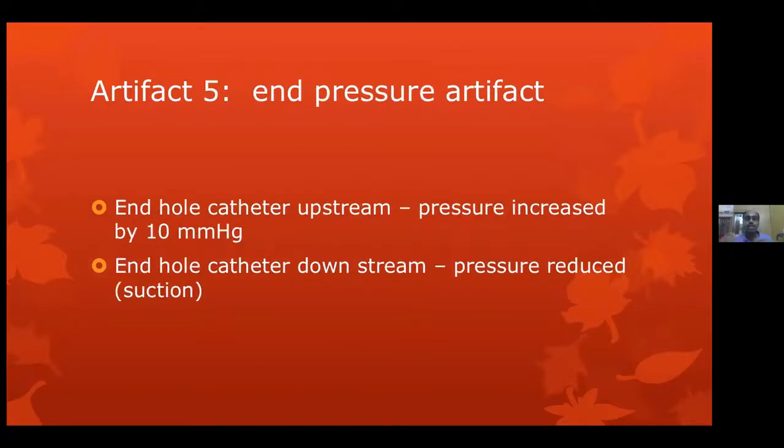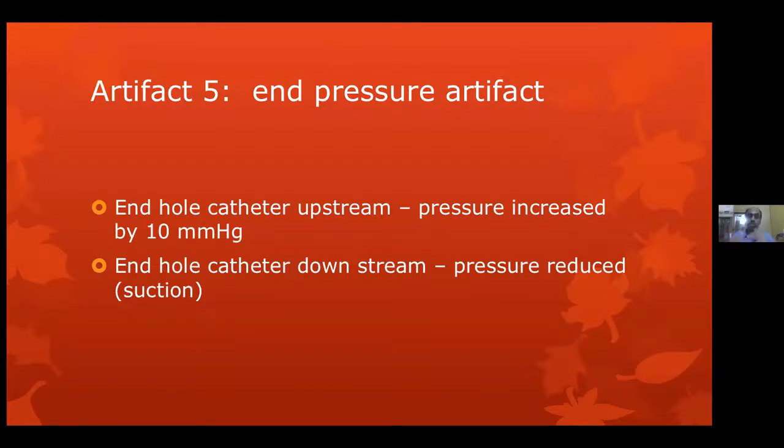End pressure artifact. Let us assume that I am going to measure the ascending aortic pressure. I have a multi-purpose catheter that is coming straight from the aorta and facing the aortic valve. I have the ejection of the left ventricle coming directly and hitting my lumen in the ascending aorta. So if I have an upstream end-hole catheter, my systolic pressure can get elevated by as much as 10 millimeters of mercury.